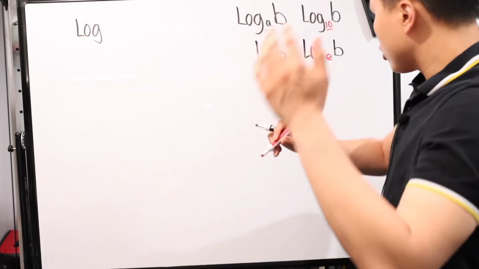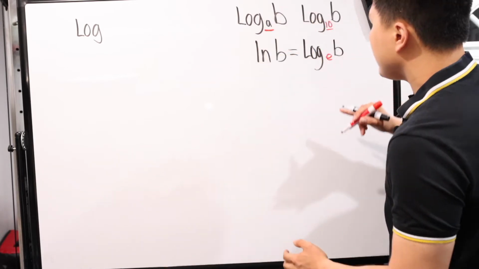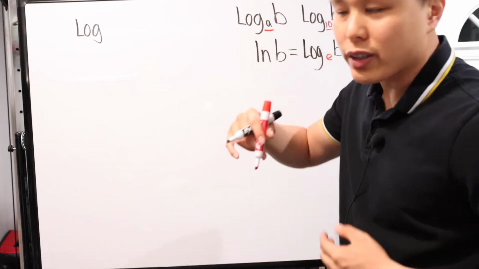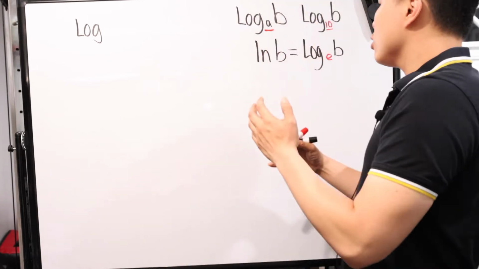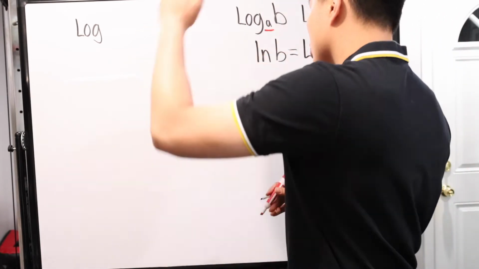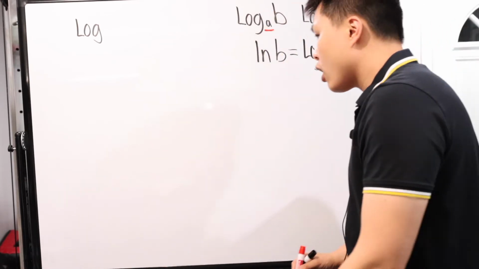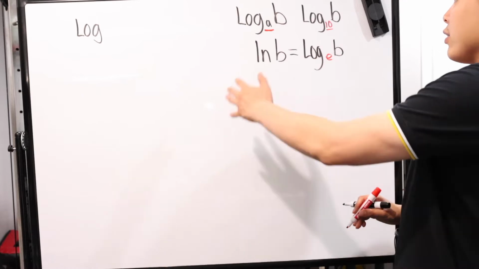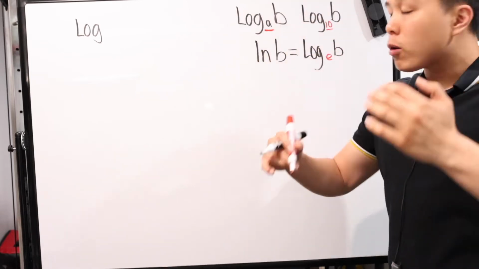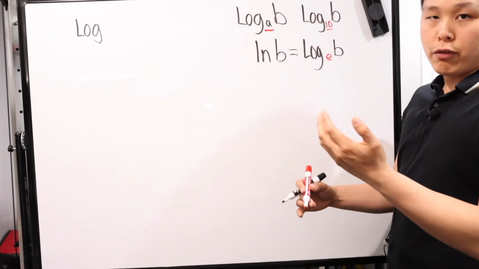And of course, there's this whole topic of E and natural log and how they are the inverse of each other, but I'm not going to go into details because this is just a review and we're just going to focus on the common properties that you need to know so that you can conquer these type of problems. So there it is. There's 3 different ways you will normally see log in any of those standardized tests.